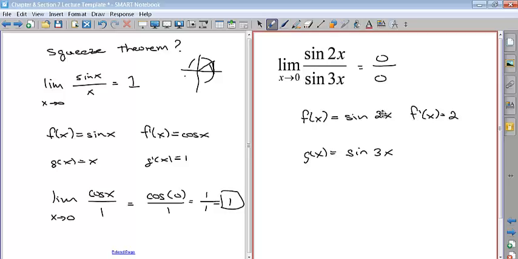When you're taking the derivative, you multiply by the coefficient. The derivative of the sine is the cosine. Same with the other one. You get 3 cosine of 3x. And so the original limit ends up becoming the limit of the ratio of the derivatives.